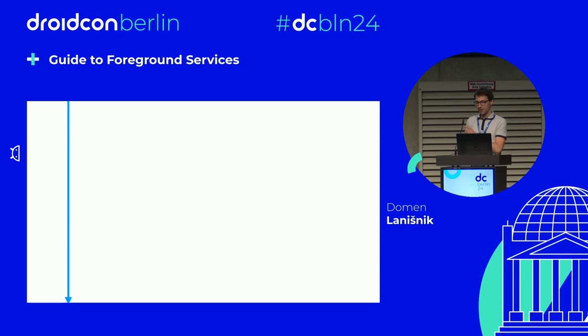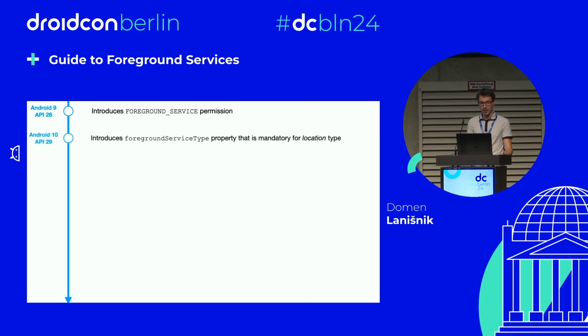Over the years, there have been a lot of changes to the foreground service that make them harder to use. Android 9 brought a new permission that you had to declare in your manifest if you wanted to use foreground services. Android 10 introduced a foreground service type property that was mandatory for the location type service.